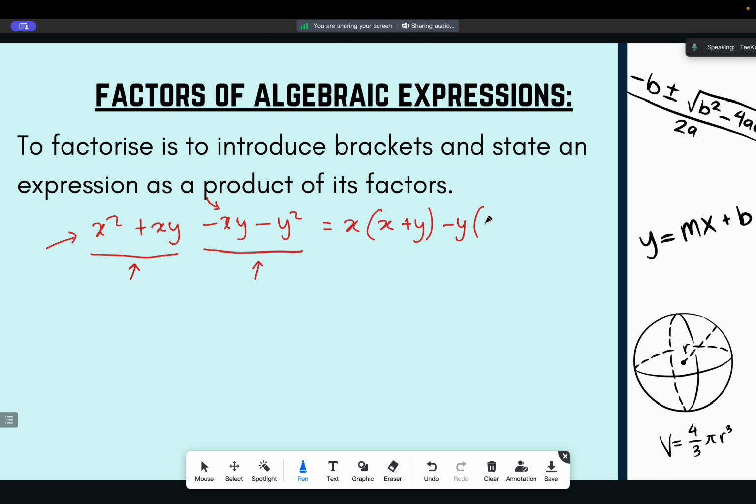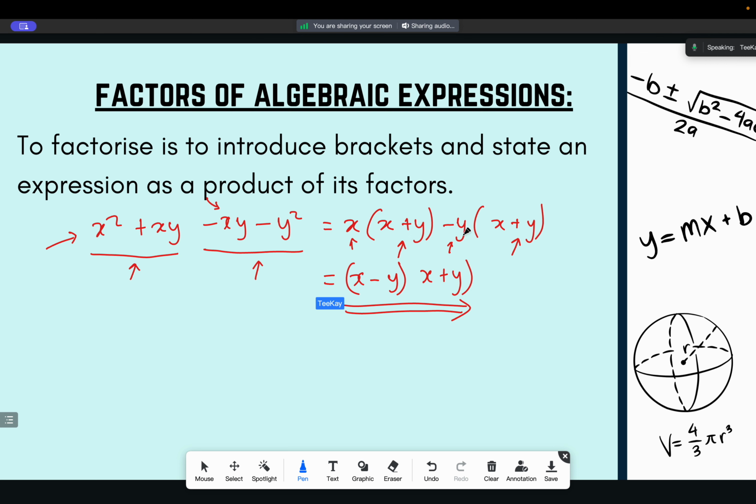Minus y into this is x, and minus y into minus y squared is y. And now if we look here, we have the same expressions inside the brackets. So if we have the same expressions, we can deal with this further, like we take x, which is this x, minus y, which is this minus y, and x plus y. And now we have our factors here.